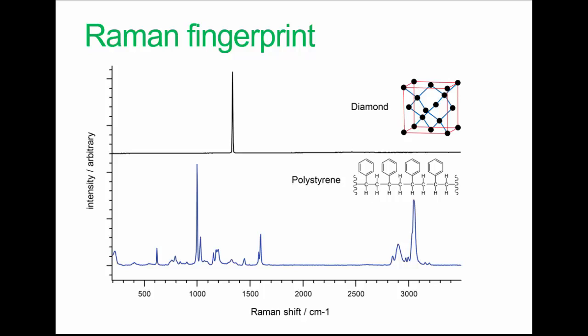Just to reiterate the point about the carbon skeleton, here's the Raman fingerprint for the simplest carbon molecule possible, diamond, which contains just carbon. It's a single peak. Whereas that for polystyrene, which is not a particularly complicated molecule, it uses repeated units, has a much more complicated Raman spectrum.